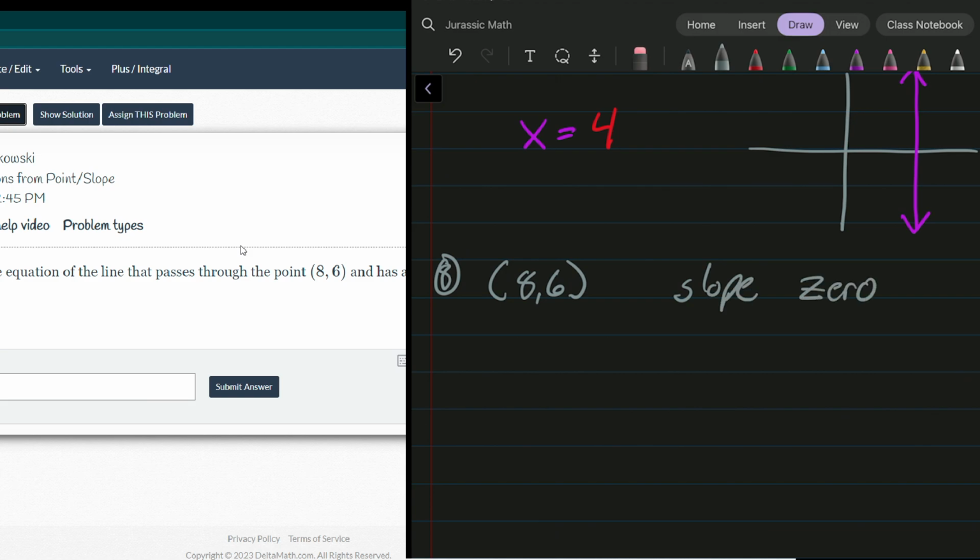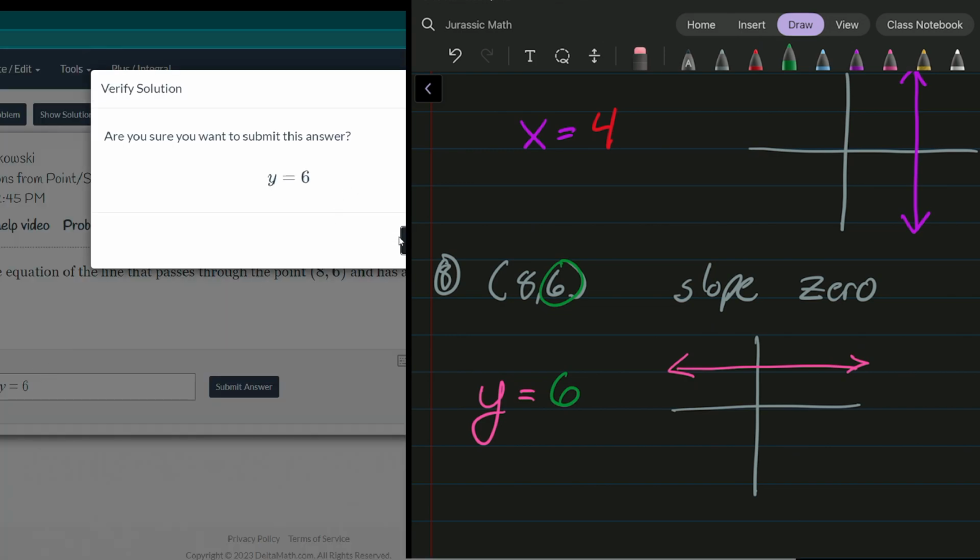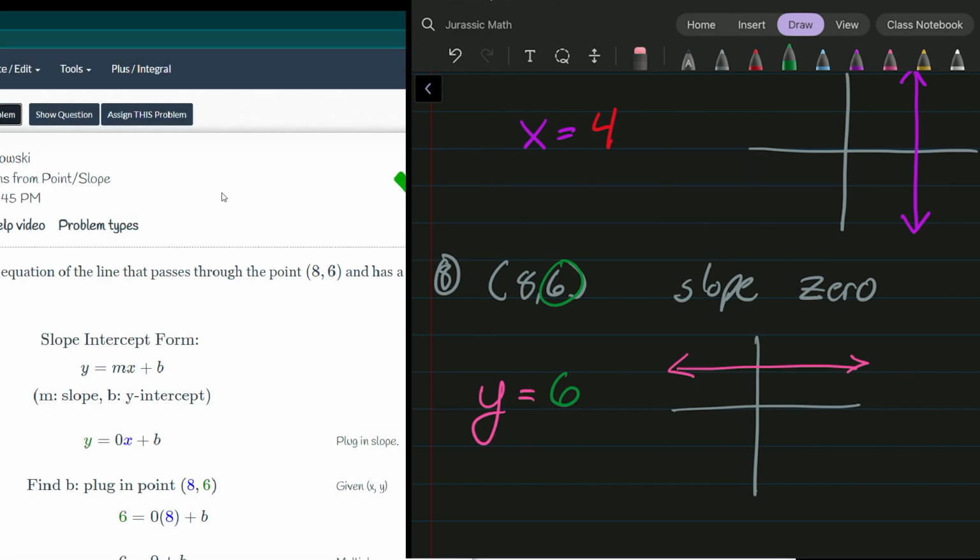Whenever you have a 0 slope, it's going to be a horizontal line, which means instead of x equals, it's going to be y equals whatever y you had. In this case, y equals 6. And yep, that's a good answer.